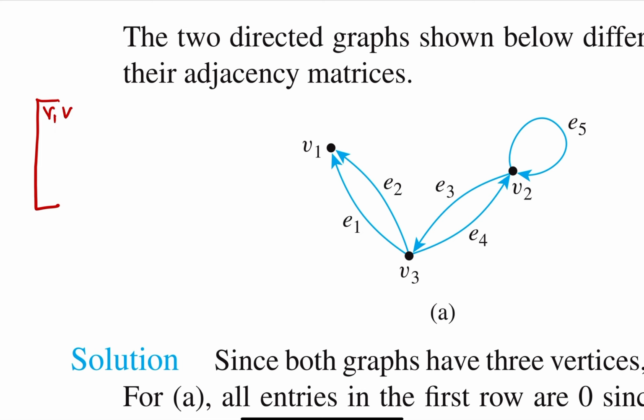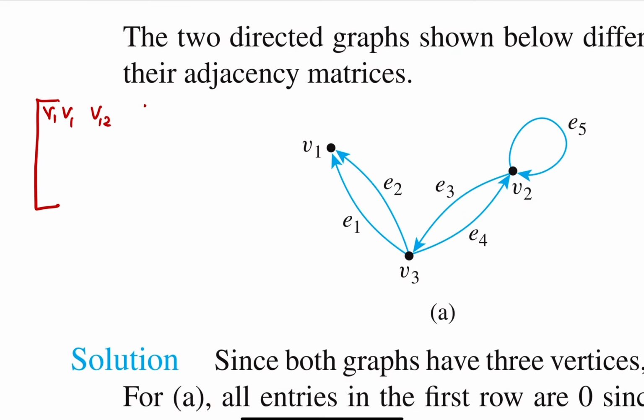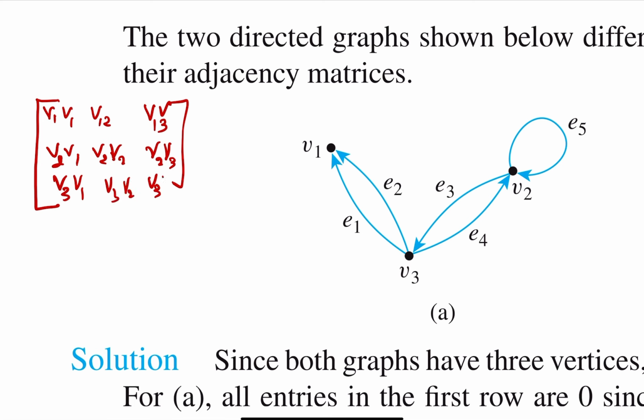Remember, here is V1V1, V1V2. You don't have to, but it's good to write it down so you won't forget. And we have V1V3, 1, 2, 3, 3 vertices. V2V1, V2V2, and V2V3. So now here we have V3V1, V3V2, and V3V3.